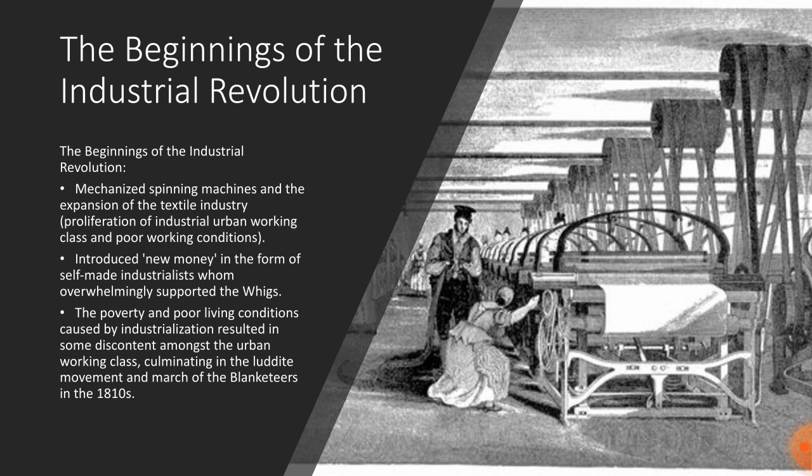Very exciting. I believe that was 1829. But the main important thing you have to take from that is that most of these new money industrialists voted Whig, which was not very good for the Tory party at the time, so they weren't conservatives until 1846.